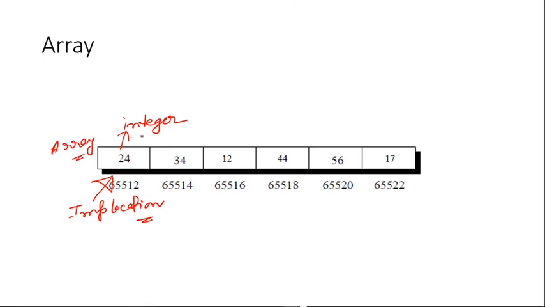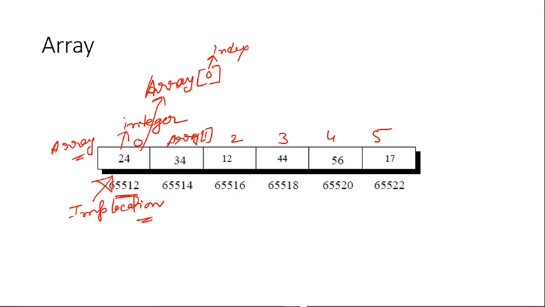So these positions will be referred to as array[0]. This is called the index. So this is array[0], this is array[1], this is 2, 3, 4, 5. And this is the 0th position, remember that. This is the first address.